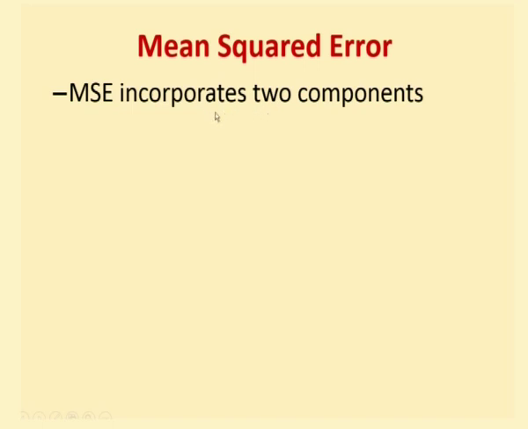So, mean squared error will incorporate generally two components. What are they? Let us have a clear idea. I start from MSE, that is going to be the expected value of W minus theta the whole square.